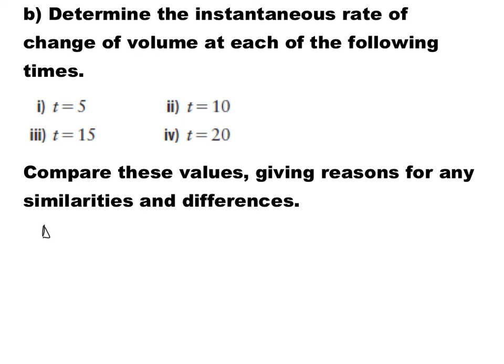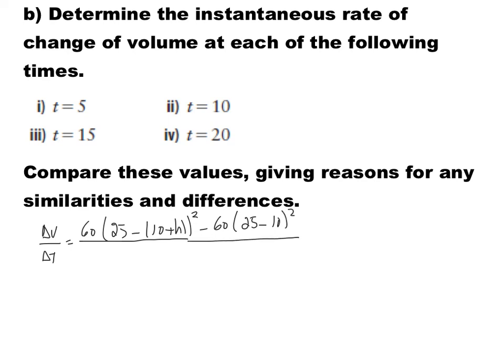Again, we are going to say delta V over delta t is equal to 60 times (25 minus (10 plus h)) squared, minus 60 times (25 minus 10) squared, divided by (10 plus h minus 10), which is going to give us h.